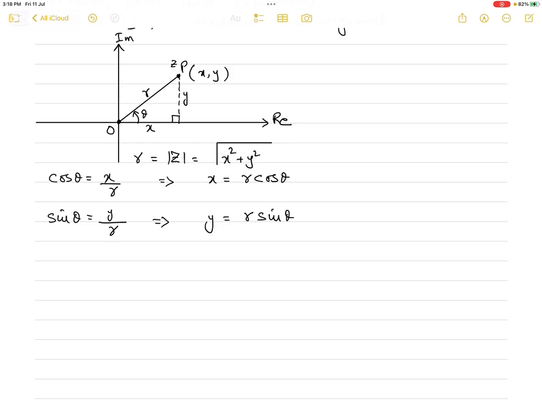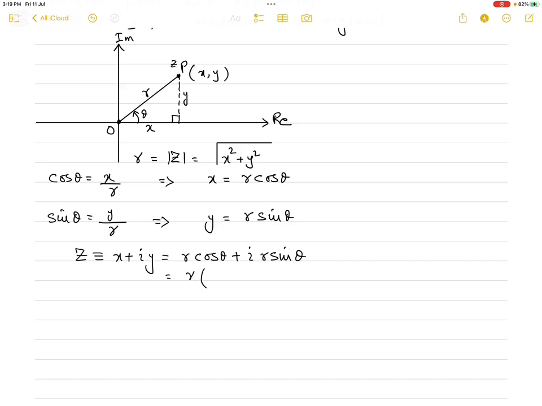So now from this we can write z, our complex number. z is identical to x plus iy, and this is equal to r cos theta plus i r sine theta.